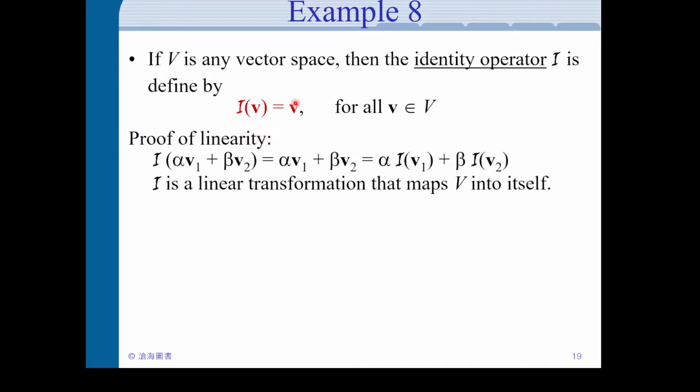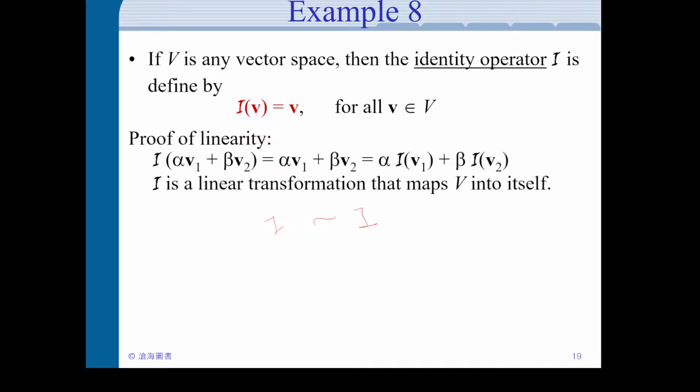The identity operator is denoted by this big I in a really weird font. You can feel that it's written as big I because it corresponds to the identity matrix.